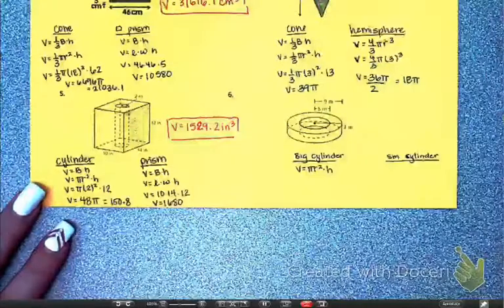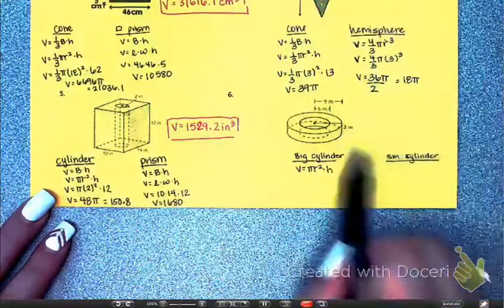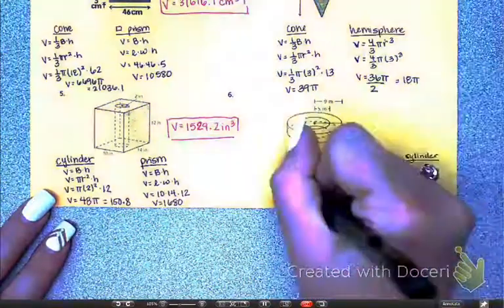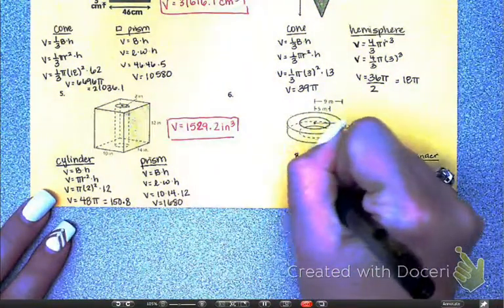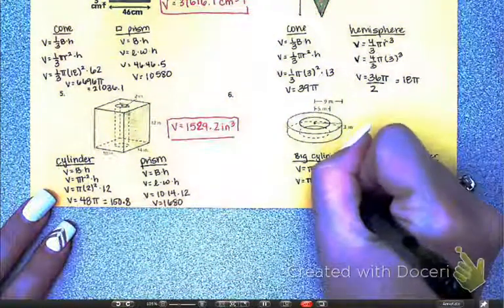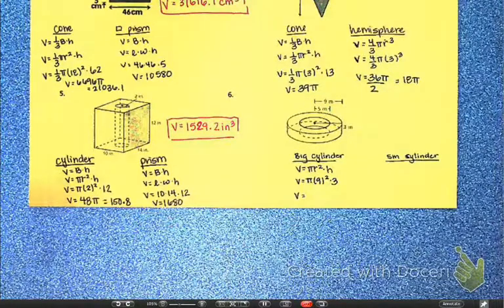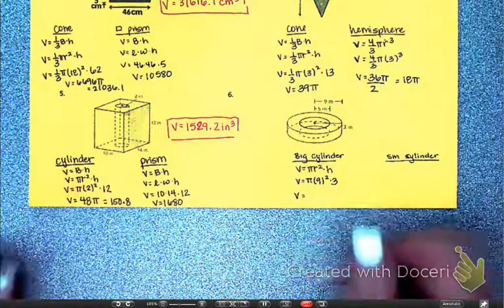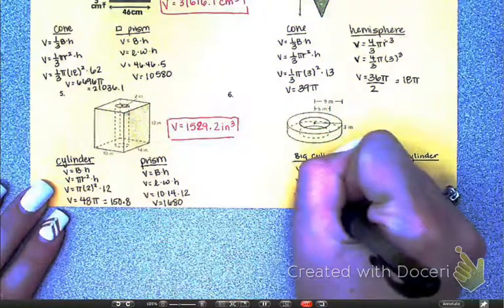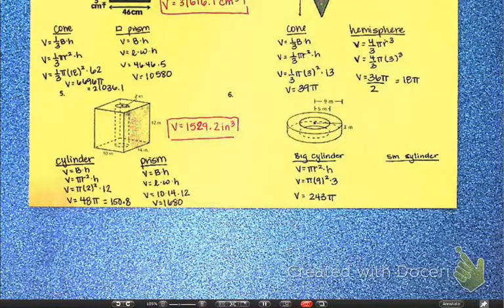If I'm doing the big cylinder, what is the radius of that cylinder? 9. So volume equals pi times 9 squared. And the height? 3. 9 squared is 81. 81 times 3 should have given you 243 pi for the larger cylinder. Yes? Okay.